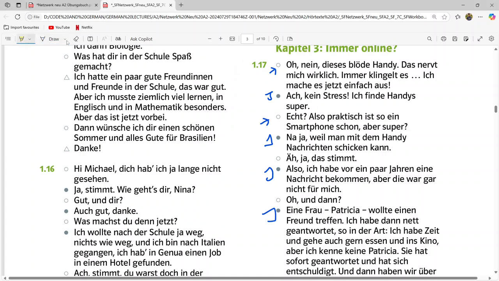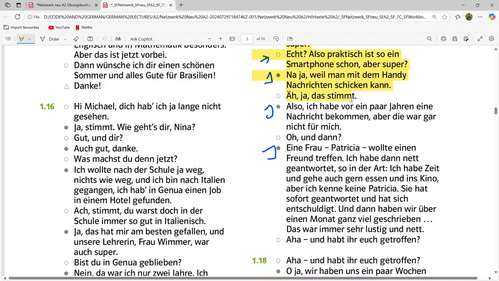Oh nein, dieses blöde Handy. Oh, das nervt mich wirklich. Immer klingelt es. Ich mache es jetzt einfach aus. Ach, kein Stress. Ich finde Handys super. Echt? Also praktisch ist so ein Smartphone schon, aber super? Naja, weil man mit dem Handy Nachrichten schicken kann. Ja, das stimmt. Also, ich habe vor ein paar Jahren eine Nachricht bekommen, aber die war gar nicht für mich.